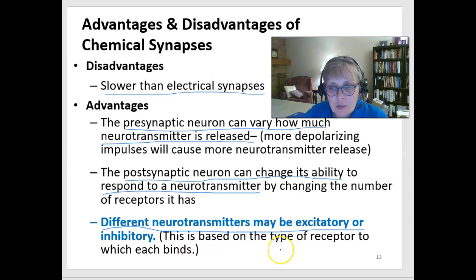Some neurotransmitters are excitatory and some are inhibitory, much like the way sodium is excitatory and chloride is inhibitory. But whether or not a neurotransmitter is excitatory or inhibitory will reflect the receptor it binds to. So we're going to look at different neurotransmitters and different types of synapses next.